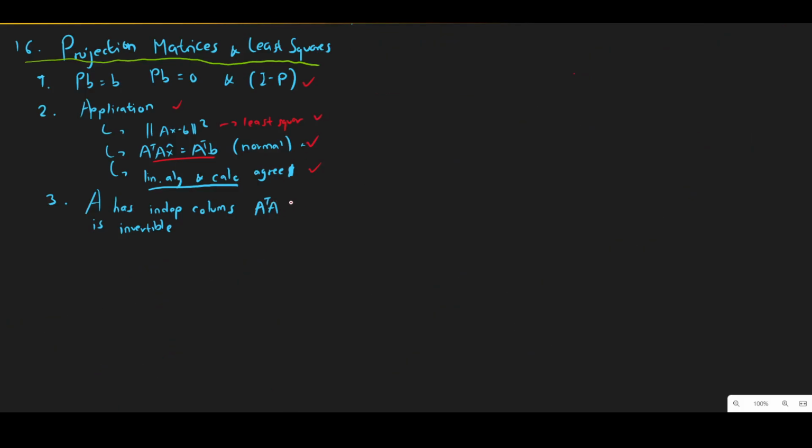Now we want to go into the third point here. If A has independent columns, then A transpose A is also invertible. How do we prove this? What we have known so far from the lecture is that to prove a matrix B is invertible, we try to find solutions x in the null space, and the null space must be 0.